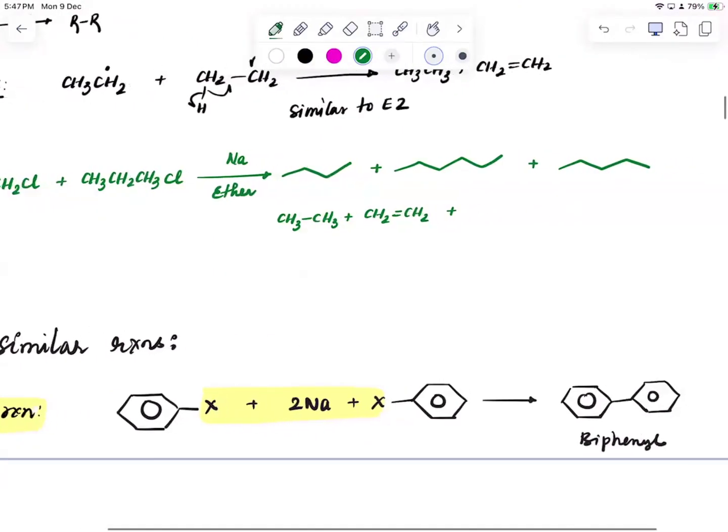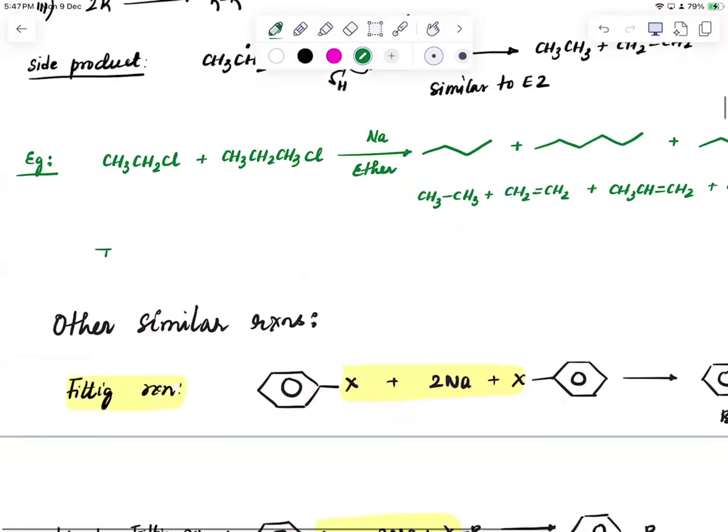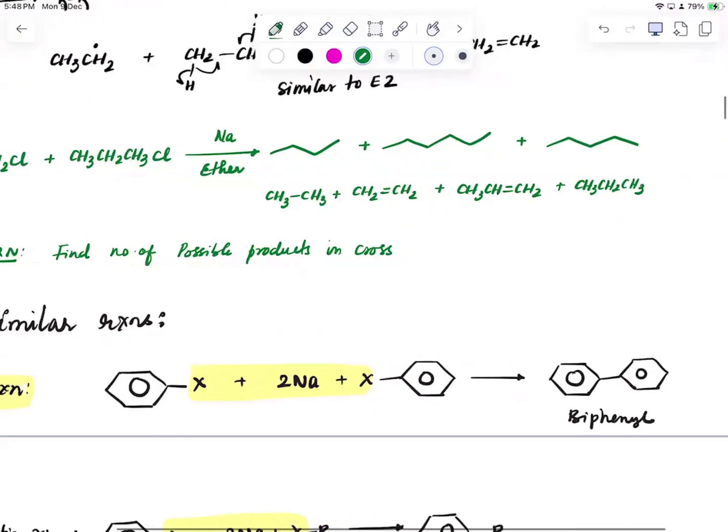In the same logic, can we apply the other way around also? That is CH3CH=CH2 and CH3CH2CH3. Okay, it's a very standard JEE question. The question is: find the number of possible products in the cross Wurtz reaction.